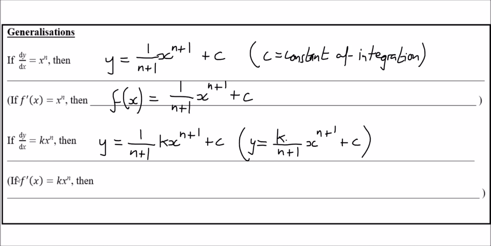And in function notation, we'd say that f of x equals k over n plus 1 x to the n plus 1 plus c. So these are very powerful general results which we'll see time and time again in year 12 and in year 13.